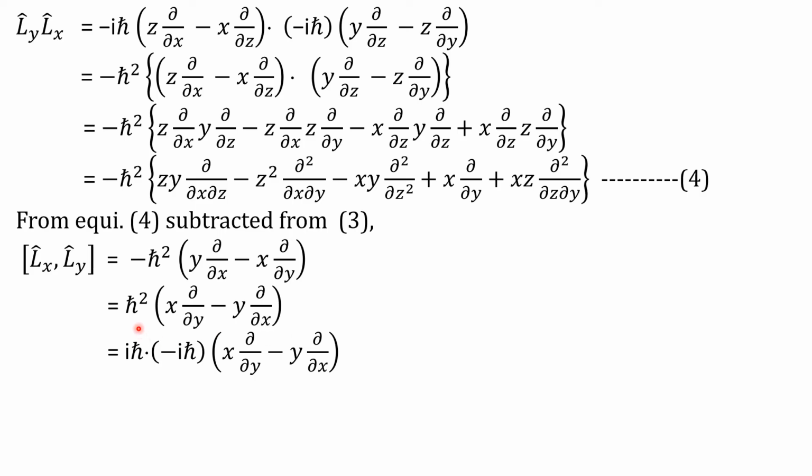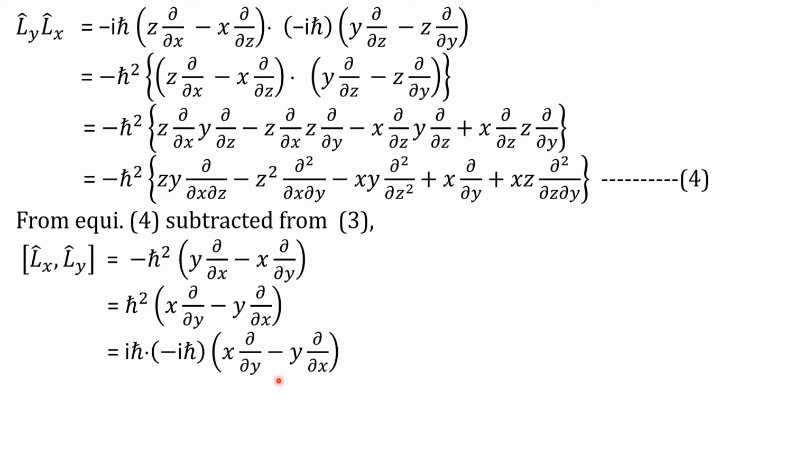Here h cross square plus h cross square means what? Minus i h cross into i h cross. If you write minus i h cross into i h cross, it means i square is minus, so it will be plus. Therefore, we write h cross square as i h cross into minus i h cross into the bracketed term as it is. Here we see minus i h cross into the bracketed term.